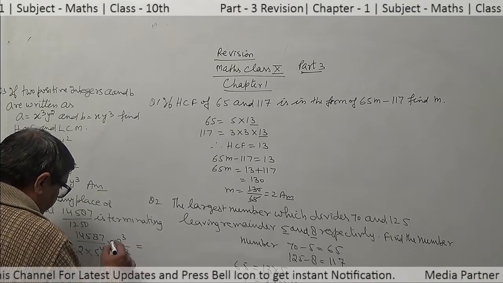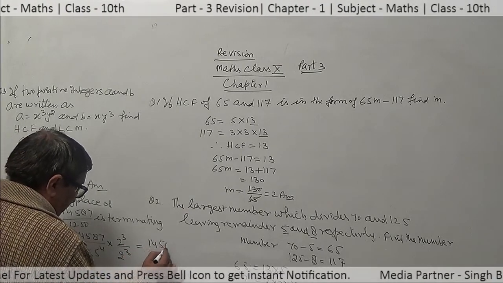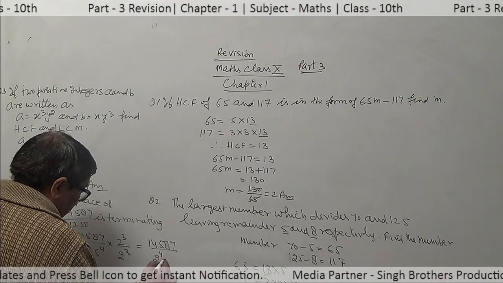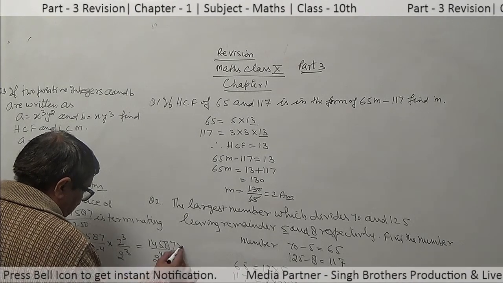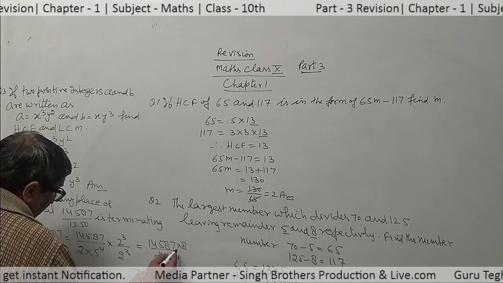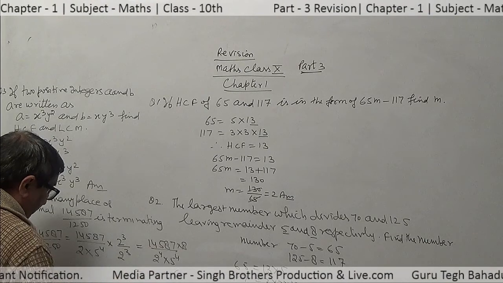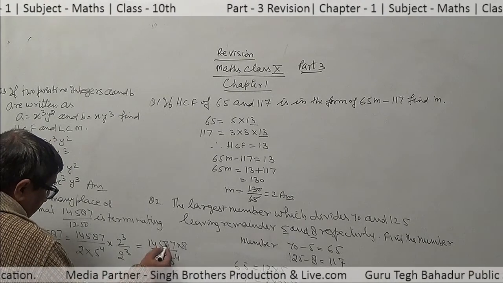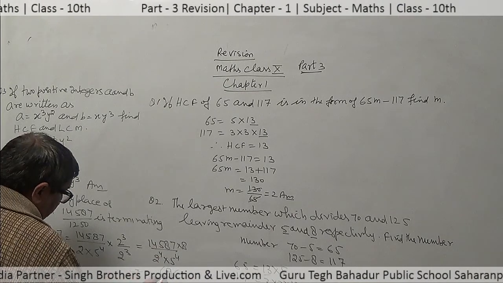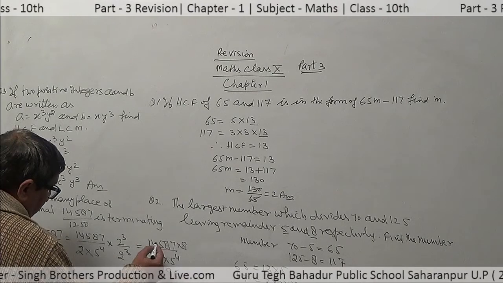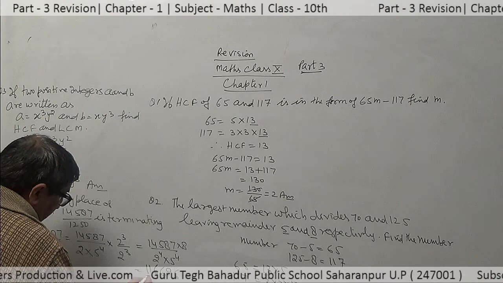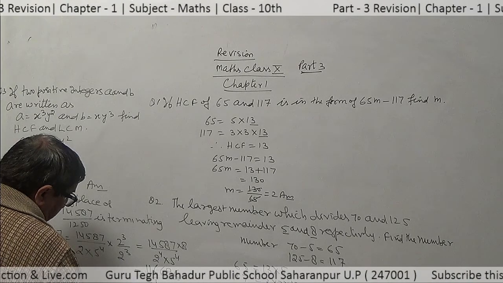So it will be 14587 upon 2 power 4 and 5 power 4. So 8 sevens are 56, 8 eights are 64, 64 and 5, 69, 8 fives are 40 and 6, 46, 8 fours are 32 and 4, 36, 8 ones are 8 and 3, 11 upon 10 power 4.